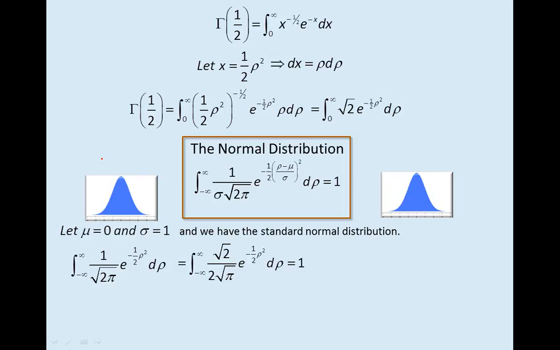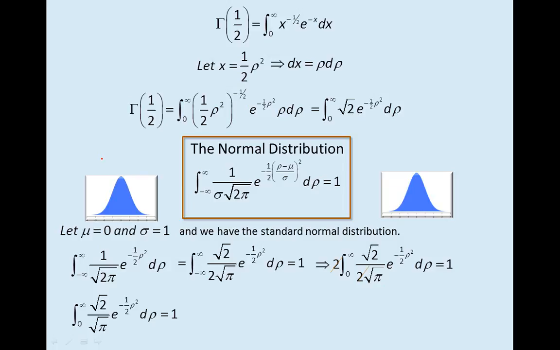Since it's symmetric about 0, instead of integrating from negative infinity to infinity, I'm just going to integrate from 0 to infinity and double it. And that's still 1. So I'm integrating half of it and doubling it. That's fine. And notice the 2's will cancel. And now I have this.